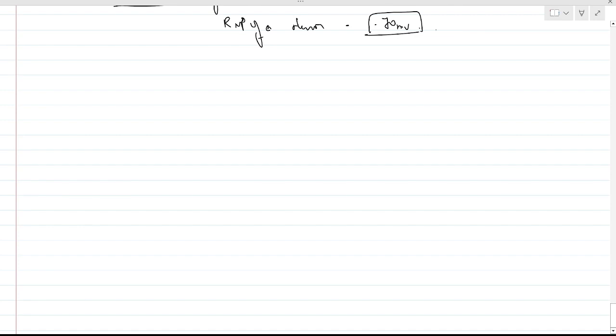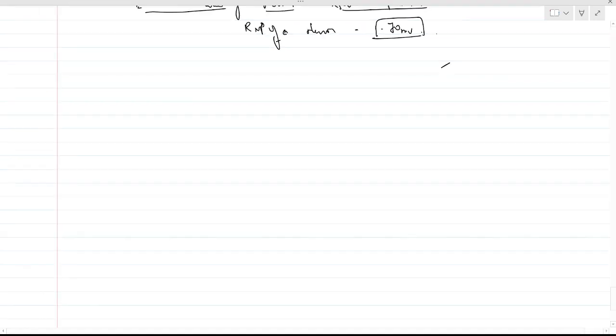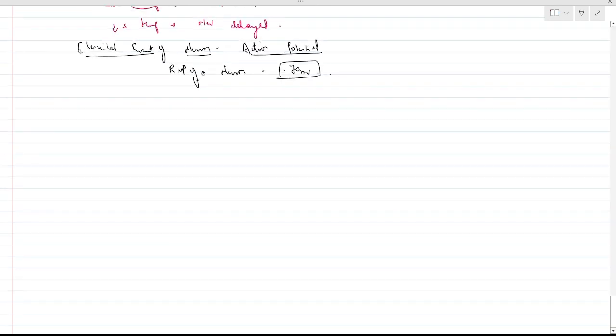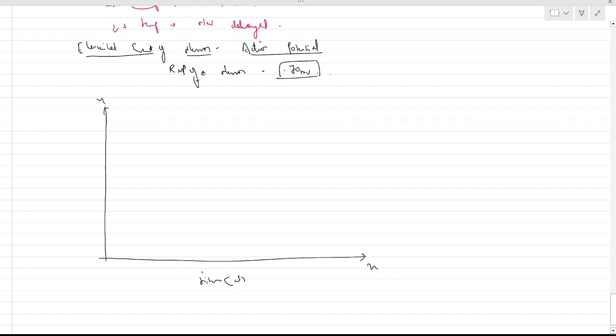Okay. So with this, first of all, we are going to draw a graph. On the x-axis we have time in seconds, and on the y-axis we have membrane potential, which is obviously in millivolts.